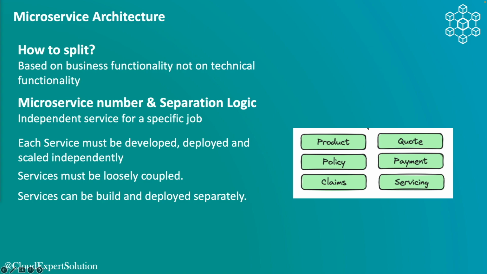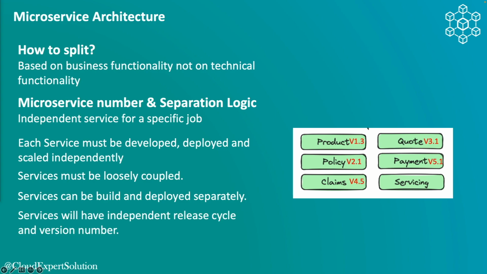It should not deploy the entire application or all other services. Services will have independent release cycles and version numbers. Since we will have separate CI/CD pipelines, services can be deployed independently. They can have their own release cycle, which will lead to different version numbers, as we are displaying in our example.